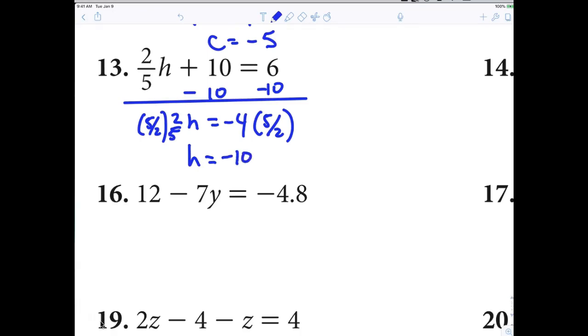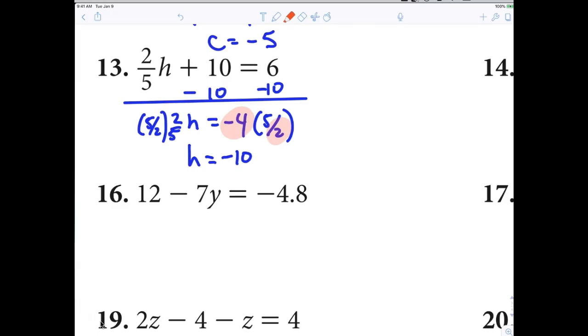Negative. Why? You got to tell me why. Because you would do 4 divided by 2. What's 4 divided by 2? 2, sorry, times 5. Times 5, 10.